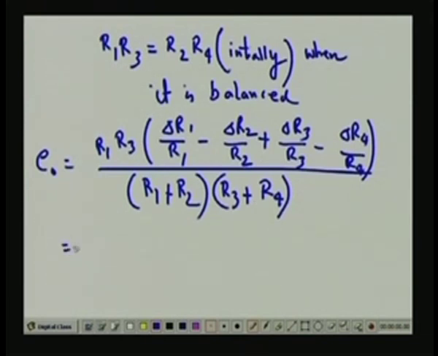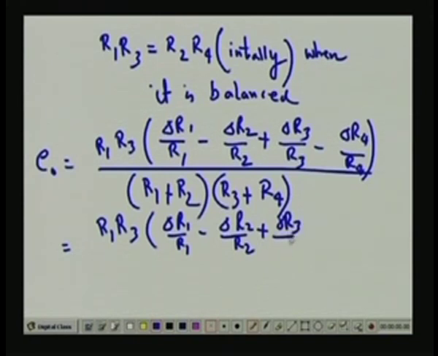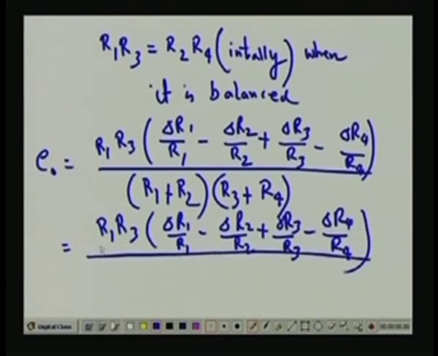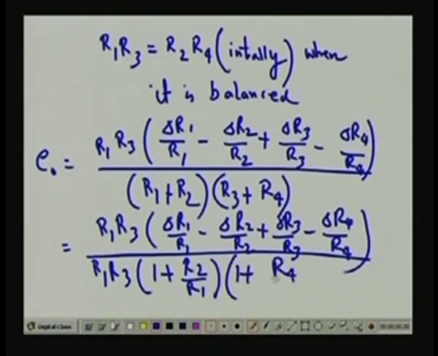So, if I take R1 R3 common from the denominator, 1 plus R2 by R1 multiplied by 1 plus R4 by R3, like this one.